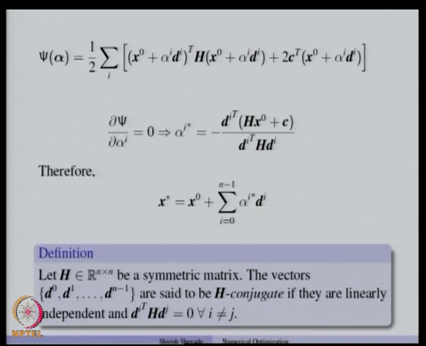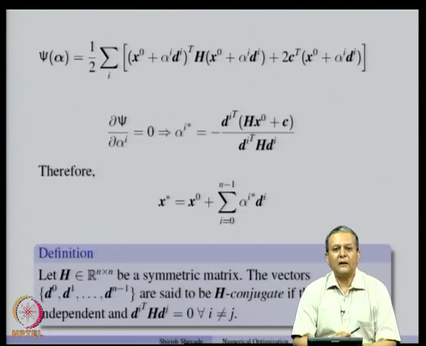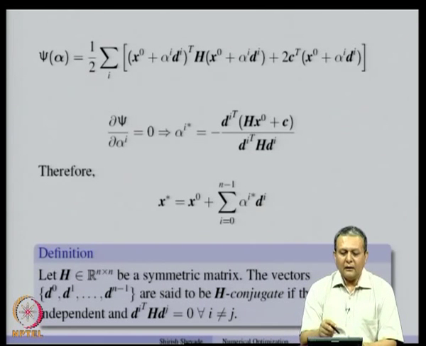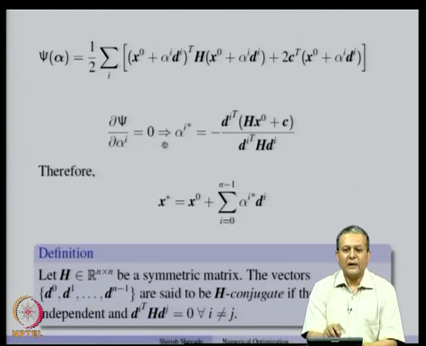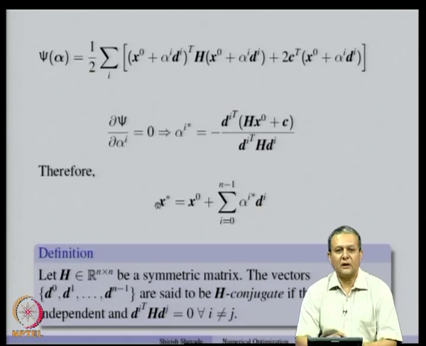In other words, if we are able to get H conjugate vectors for a given quadratic function, then we can convert it to a separable problem and get these alphas very easily and plug those alphas in this formula to get x star.